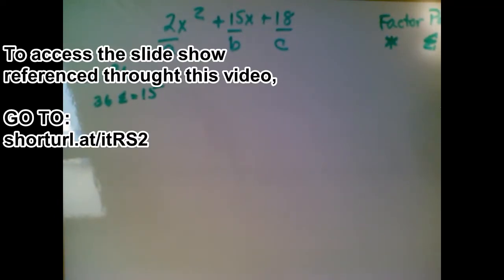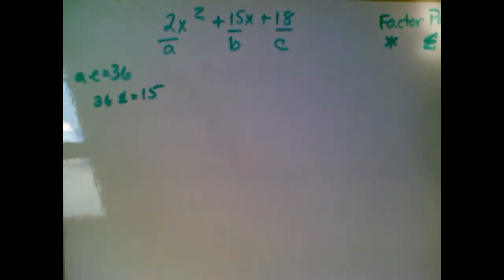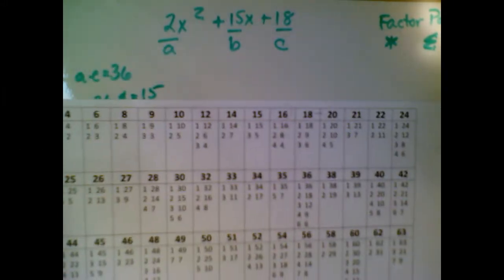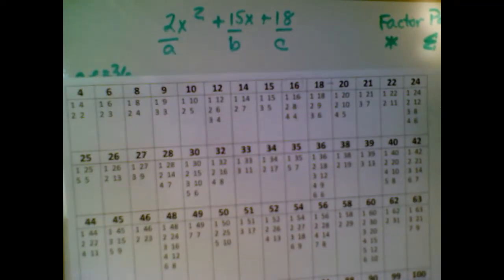format so that you can follow along, or if you can't understand my sketchy writing. What I have found is that over time my students don't memorize their tables as often or with fluency as they used to. And so one of the things that I created for some of my students to make this idea more accessible to them was this factor pair chart.